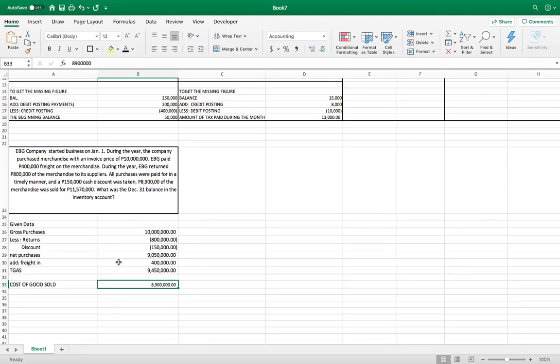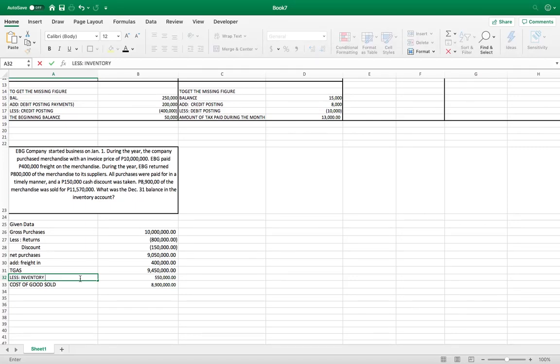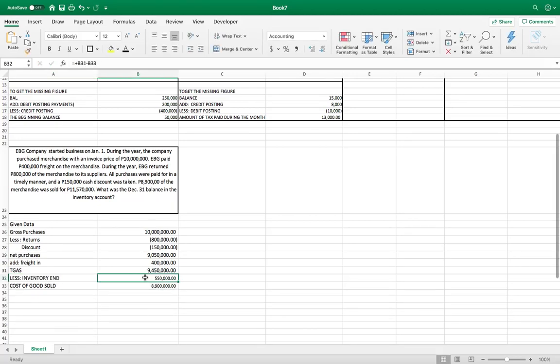We know that the difference between the total goods available for sale and the cost of goods sold is the ending inventory. So therefore, the ending inventory is 550,000. So this is the answer.